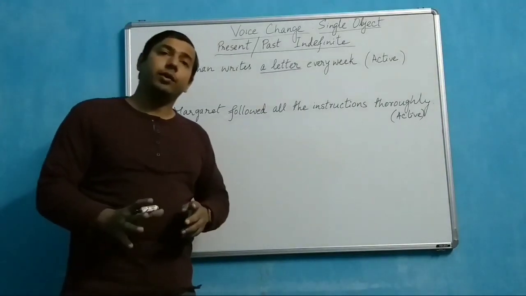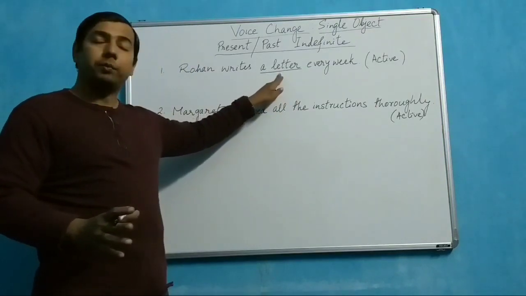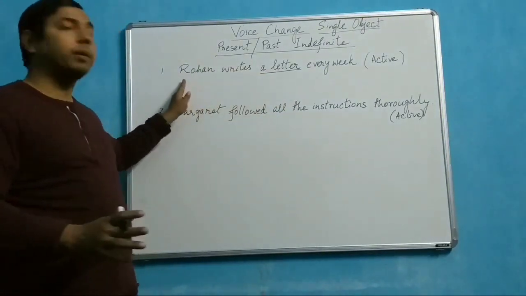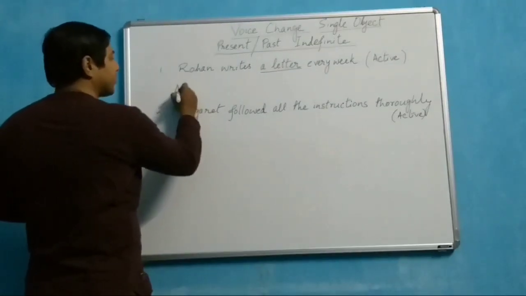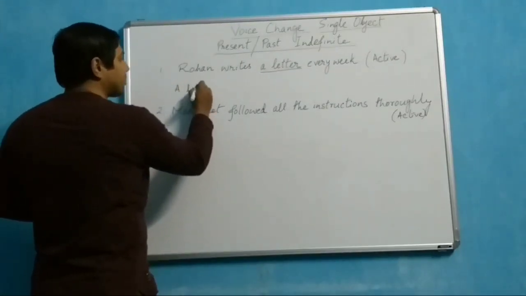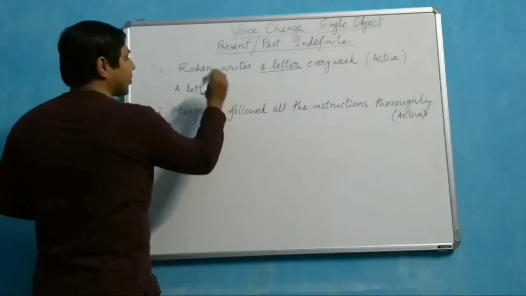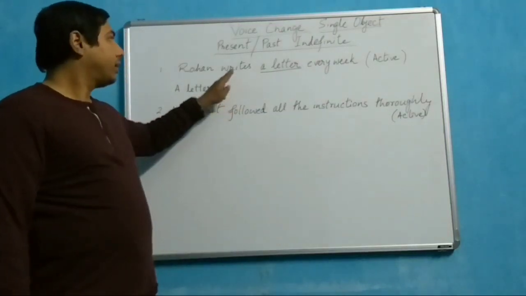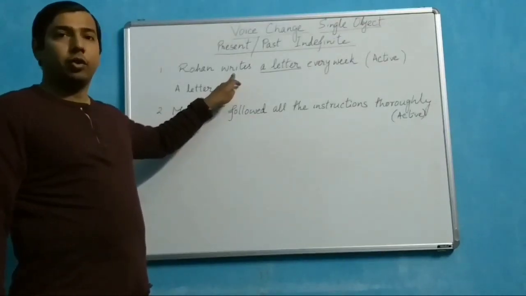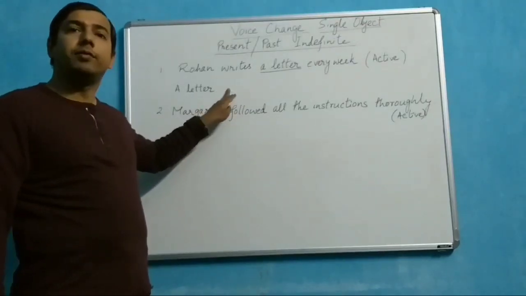And the rule is, first we will take the object to the beginning of the passive voice. A letter. Now, according to the tense, we need an auxiliary be verb.